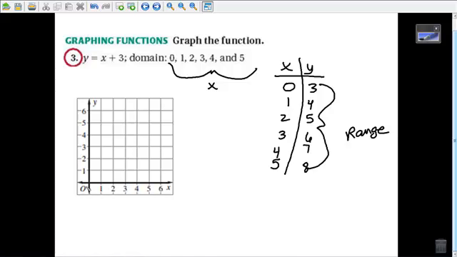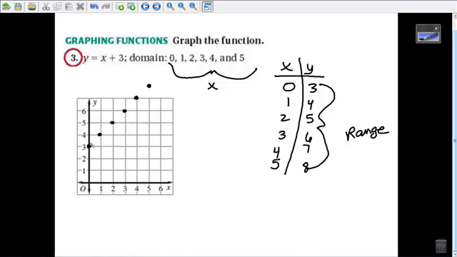So now we're going to go ahead and plot this. So we have 0, 3, 1, 4, 2, 5, 3, 6, 4, 7, and 5, 8. My graph is not quite long enough, but we're going to plunk the little 8 right up there.